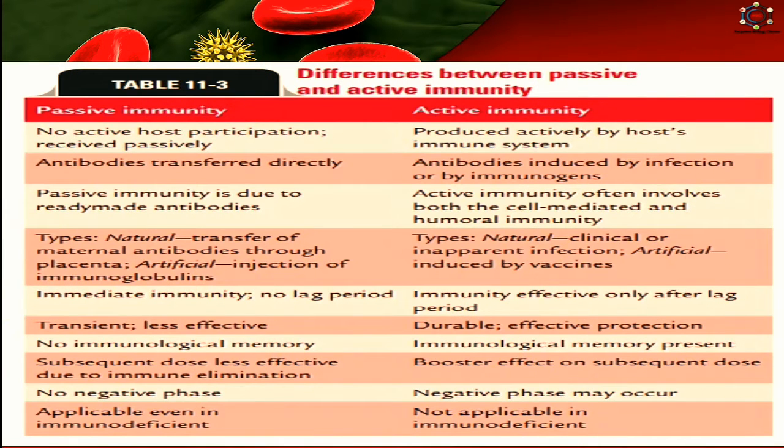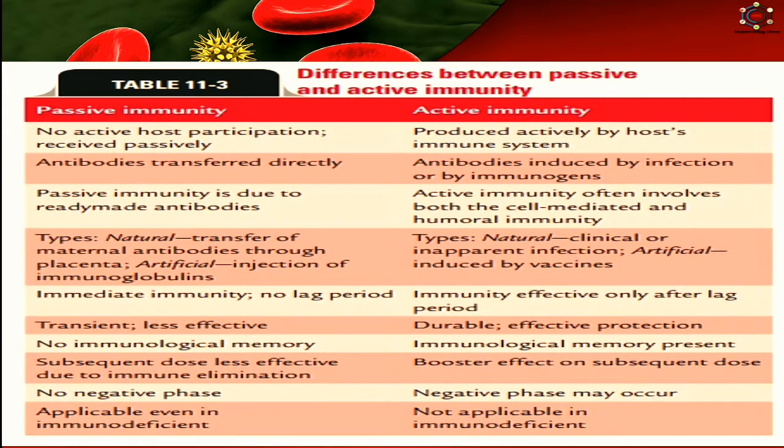After this, what is the difference between passive and active immunity? In passive immunity, there is no active host participation, that means it is received passively, while active immunity is produced actively by the host immune system. In passive immunity, antibodies are transferred directly, while in active immunity, antibodies are induced by infection or by immunogens.